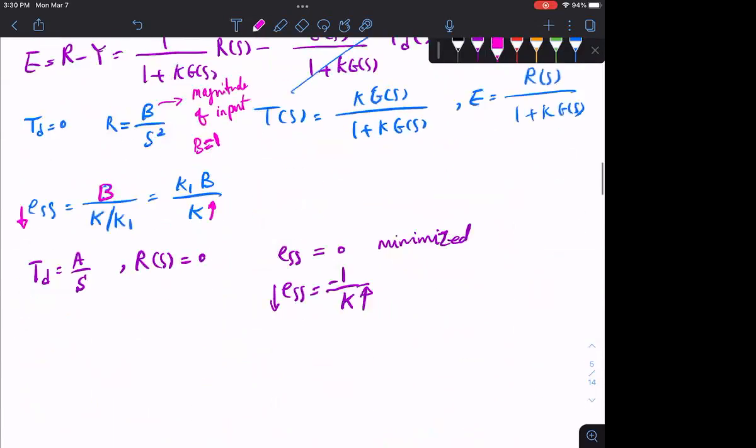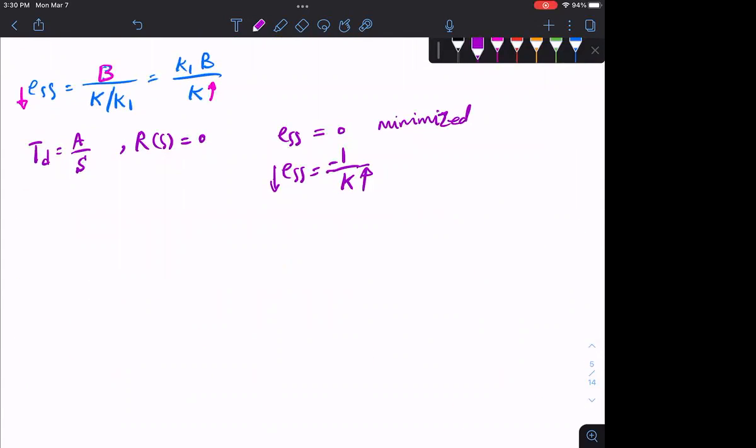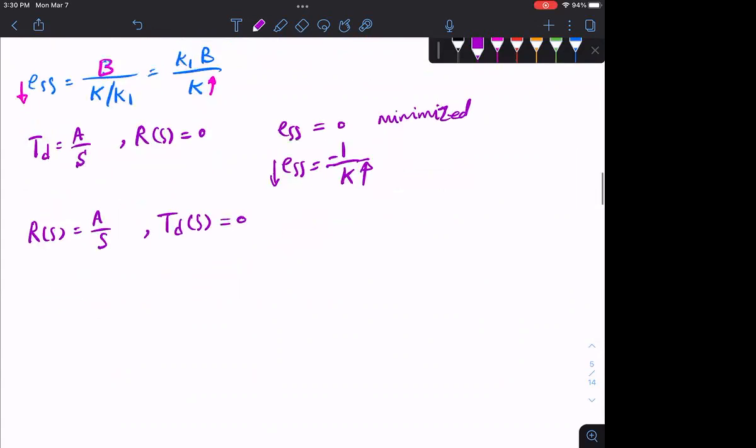So in the last one, I'm going to say that my input is going to be a step. And since I'm only checking that value, I'm going to say that this is 0. And then if you write your transfer function for that, KGS over 1 plus KGS times RS.